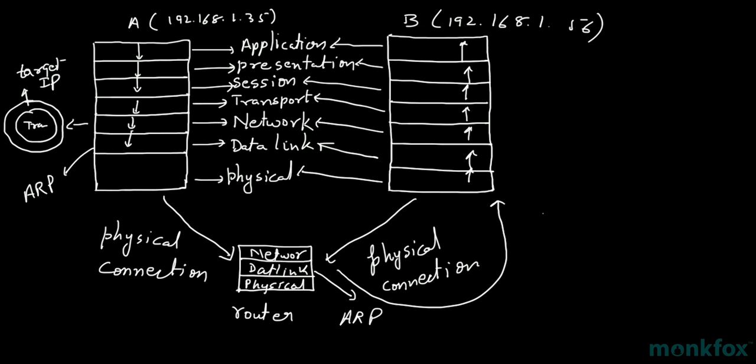So this is how typically a MAC address works, and one of the important things which we discussed was ARP, the address resolution protocol. Every time a network interface card sends an ARP request and receives the MAC address, it caches the MAC address.